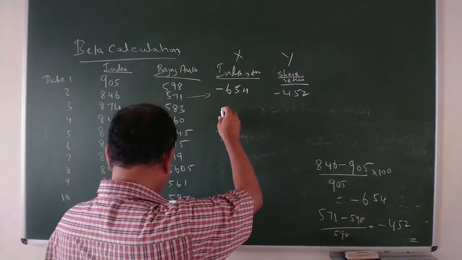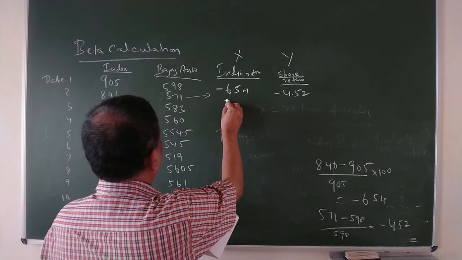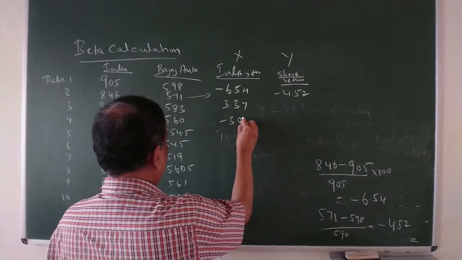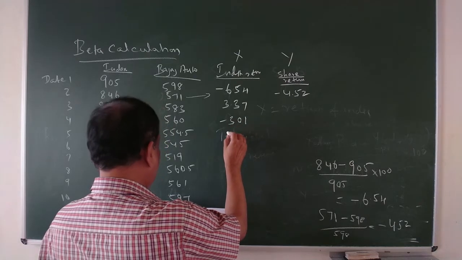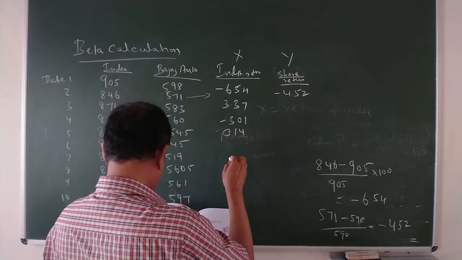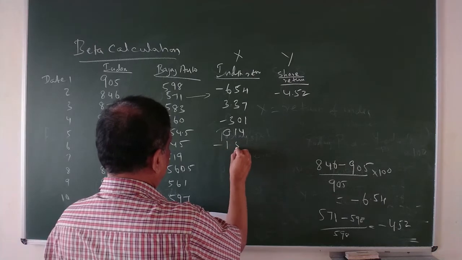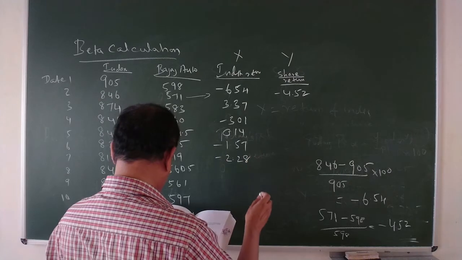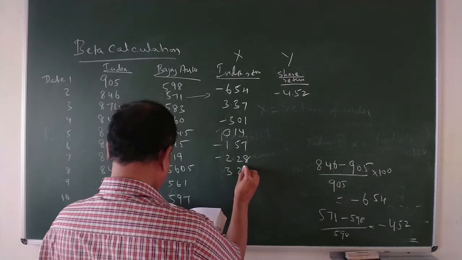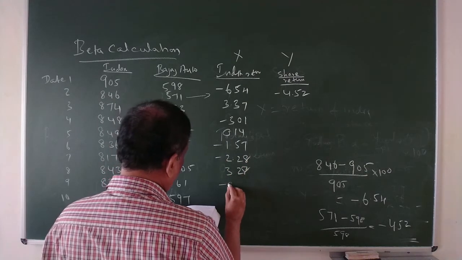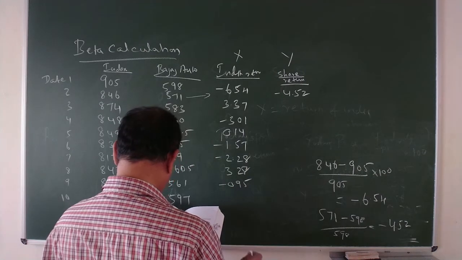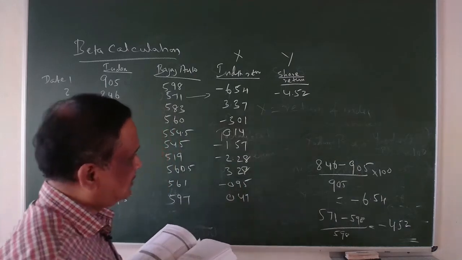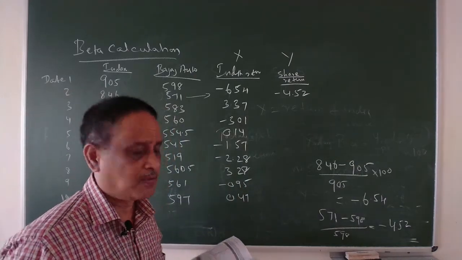Now, we have values second 3.37, minus 3.01, 0.14, minus 1.57, minus 2.28, 3.28, minus 0.95, 0.47. There may be small changes in calculation, you ignore it. Okay.